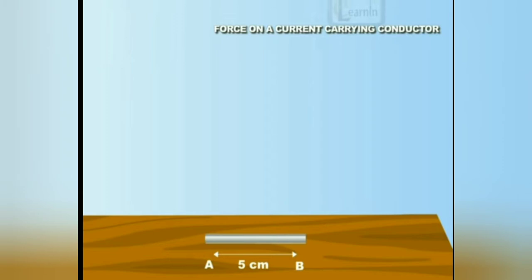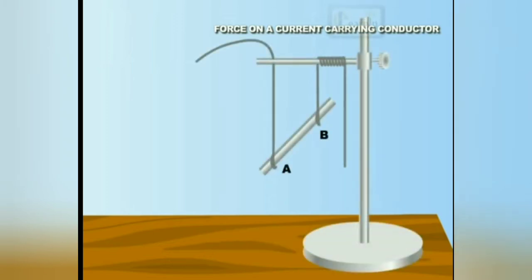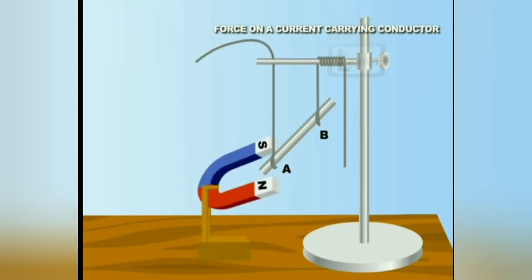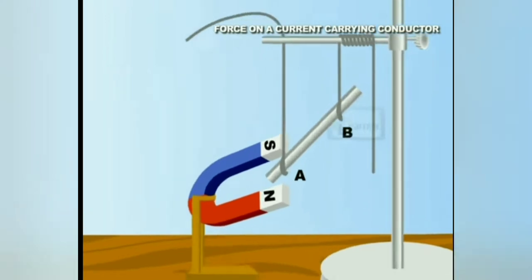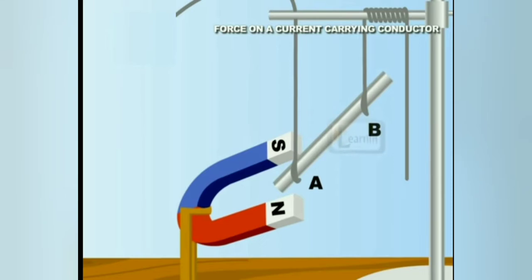Here we need a small aluminium rod, let us name it A and B, connected with two connecting wires. A horseshoe magnet is taken and placed in such a way that the rod lies in between the two poles, and the magnetic field is directed upwards. Make sure the north pole is vertically below and the south pole is above the aluminium rod.